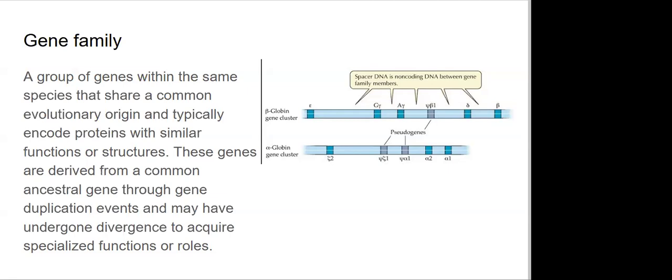So a family of genes are very similar, just like you and your family might be a little bit similar, but have different overall functions. They don't have to do the exact same thing, but they originated from the same gene that got duplicated, and then over time, individual changes happened.